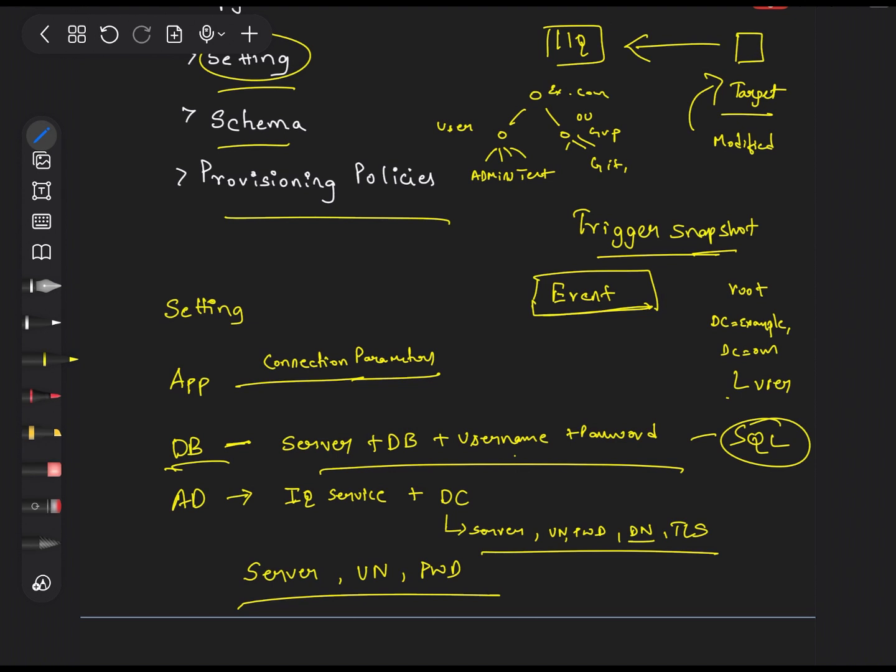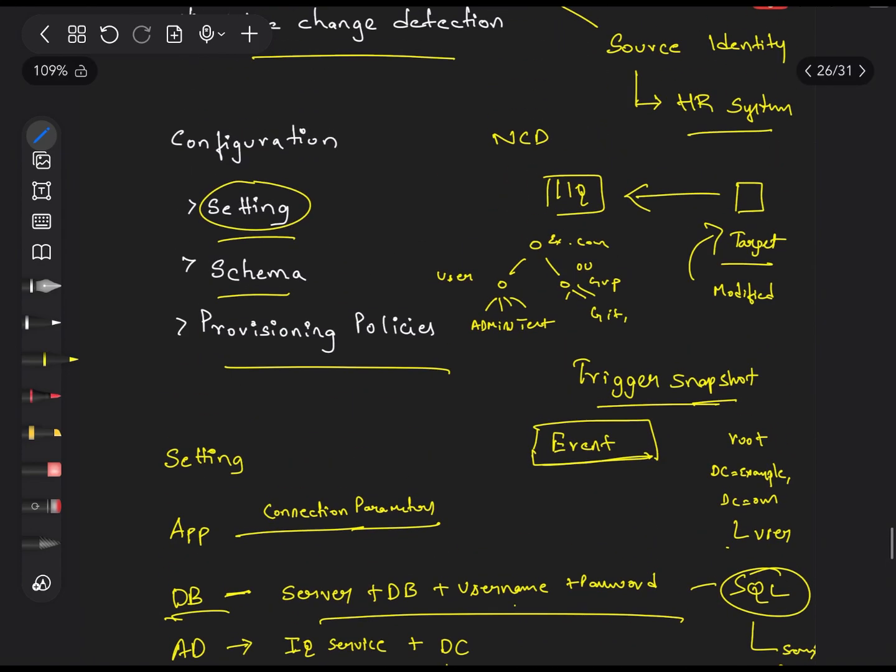Then IIQ will execute that SQL query on that server, on that database, and it will retrieve the users. As soon as you provide all these details, do the test connection. Make sure you're able to connect to the system.